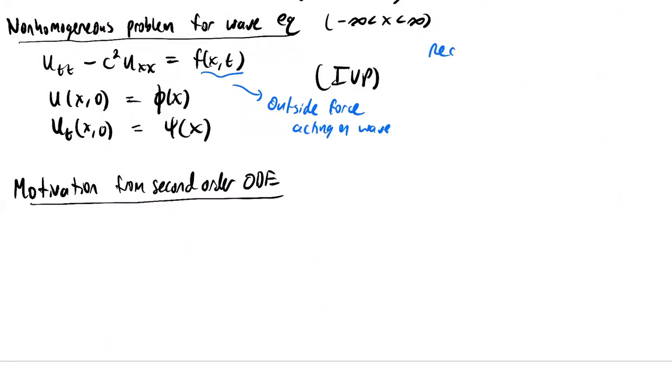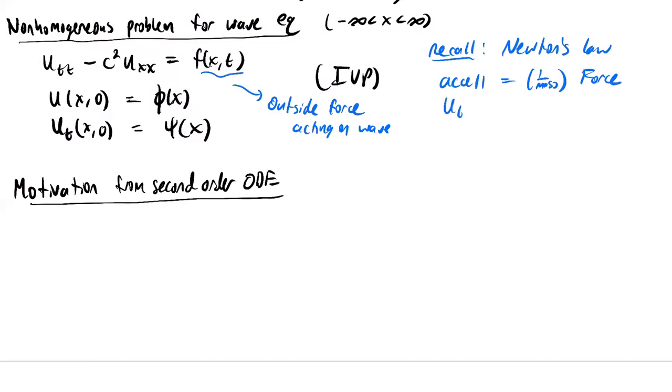Well, recall that in the derivation of the wave equation, we used Newton's second law, which says that mass times the acceleration is equal to the force that's applied. I'm going to write this kind of informally. You can fill in the details if you want, or ask me in Zoom meetings or office hours to fill in the details to remind everyone where the equation came from.